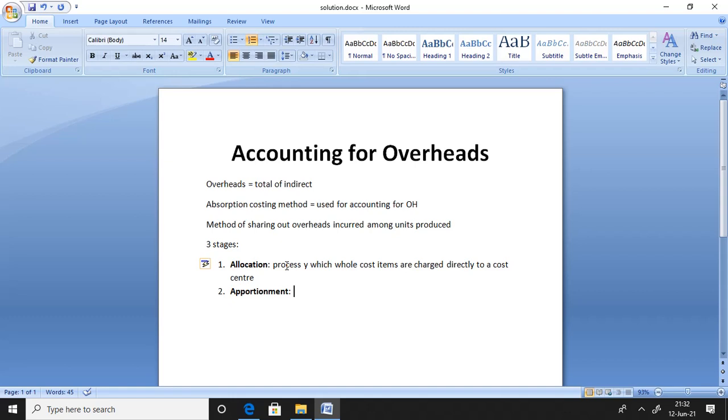We can say apportionment is the process of spreading indirect costs fairly between cost centers, or sharing indirect costs among benefiting cost centers.